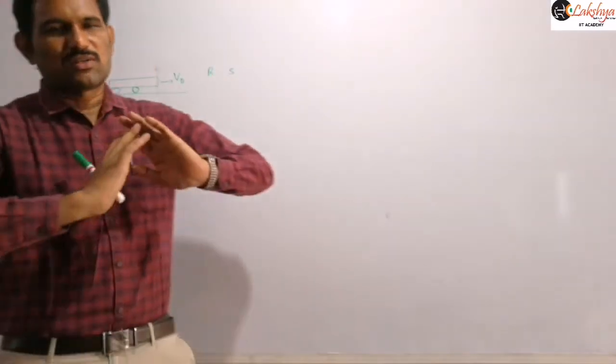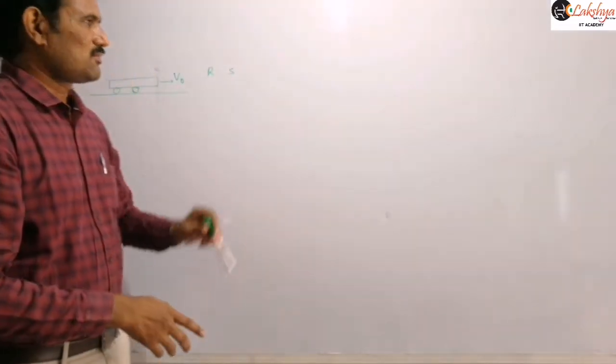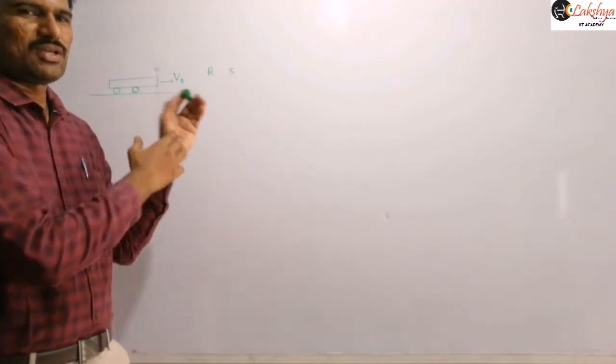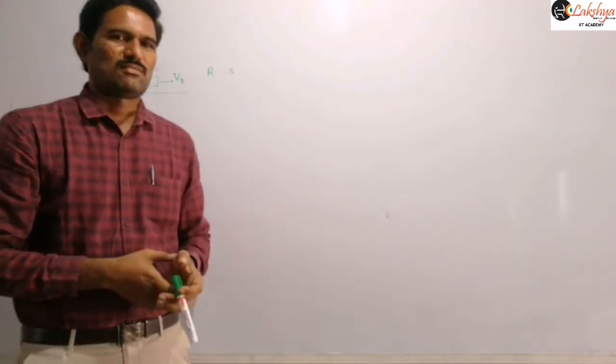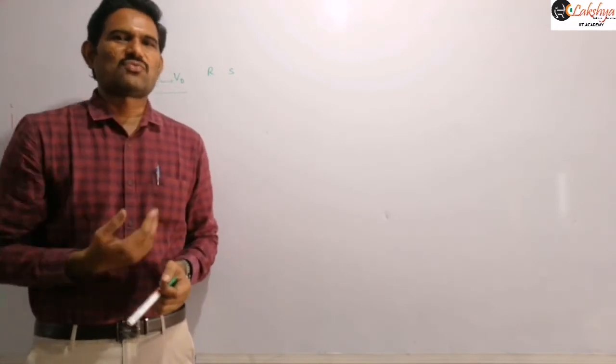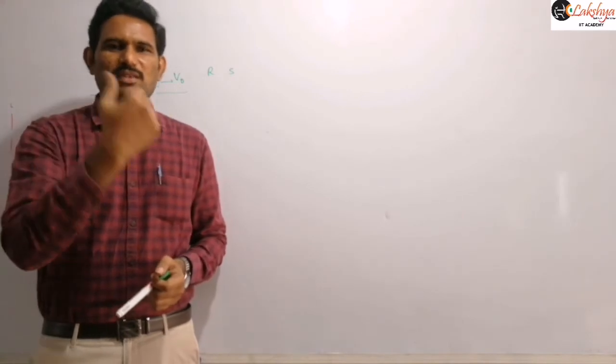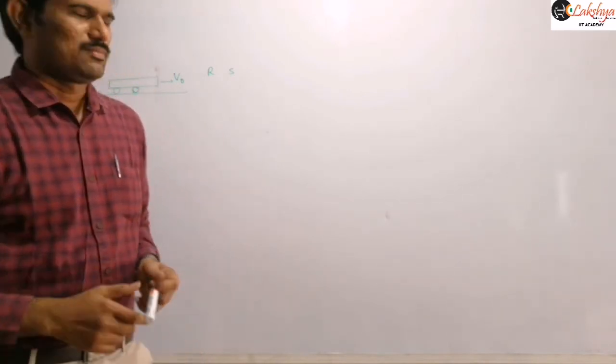Got it? Once we project in the forward direction, we get the range R, and next when we project in the backward direction, we get the range S. So from that we need to find the angle of projection. In both cases, whether projecting forward or backward, the angle and the speed are the same.